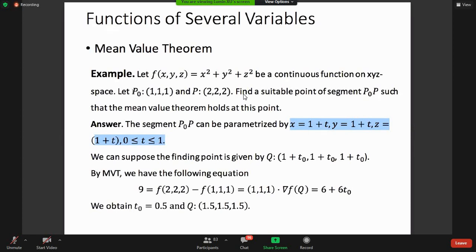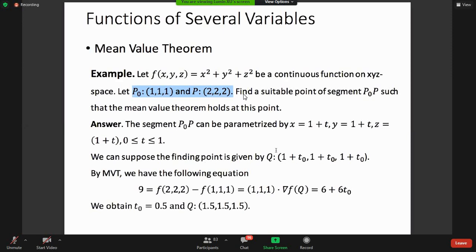Good, because the segment is from (1, 1, 1) to (2, 2, 2). Good. And now the question becomes we should calculate t. If the t is decided, then the point will be decided. Good.